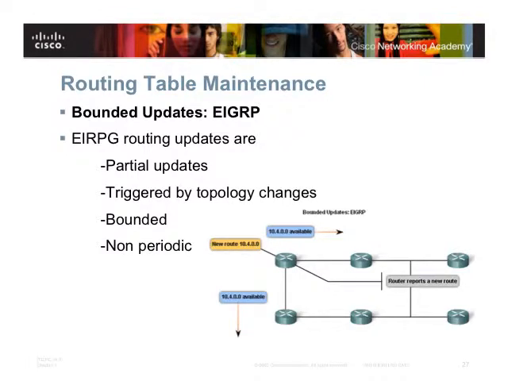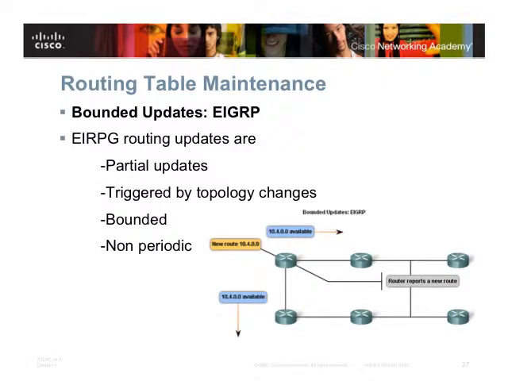Some routing protocols try to resolve this issue of periodic updates by implementing a different algorithm which has this set of characteristics. The updates are not periodic. They are not full updates.